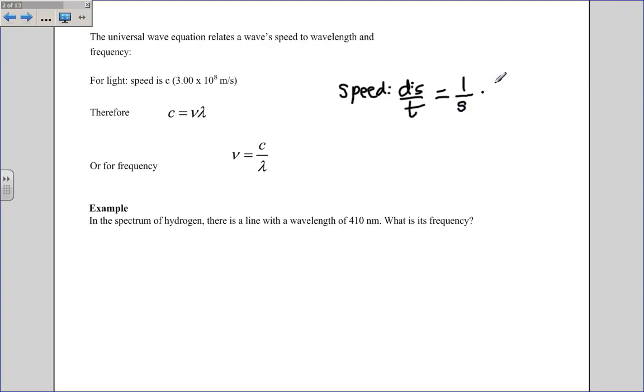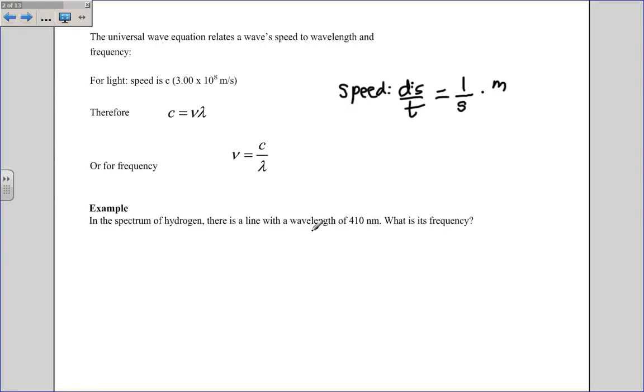If we multiply that by the wavelength, which is the length of the cycle, so it's meters per cycle, we can see that we're left with meters per second, which is the speed. So that's where this formula comes from. The speed of light is equal to the frequency times its wavelength. And this formula is more commonly used in this format, where frequency is the speed of light divided by the wavelength. So let's look at an example.